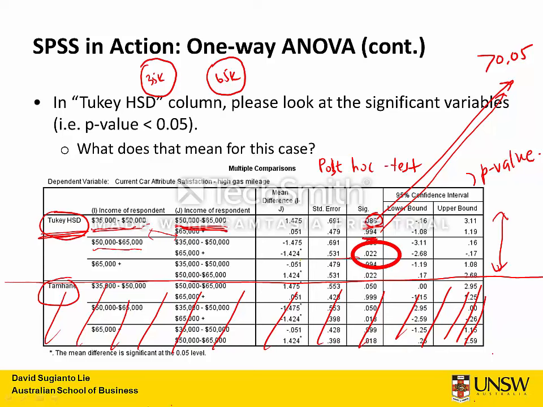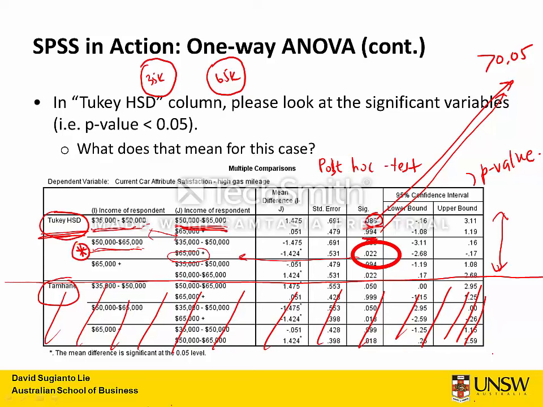We can see here that the group of 50 to 65,000 and the 65,000 plus is the group that is statistically different. So this group shows there is a difference. This is the one that we need to report.